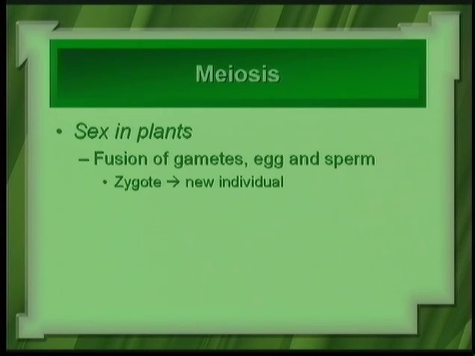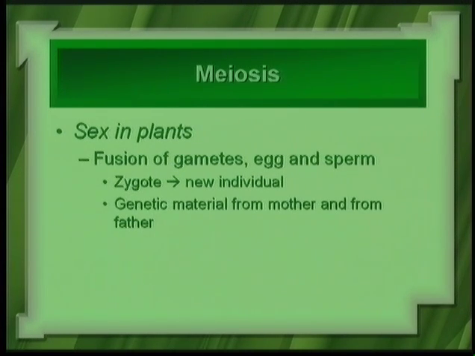The zygote then develops into the embryo, into a new individual plant in this case. In our case, a new individual human being. So just like you have traits that you inherited from your mother, you also have traits that you inherited from your father as well.